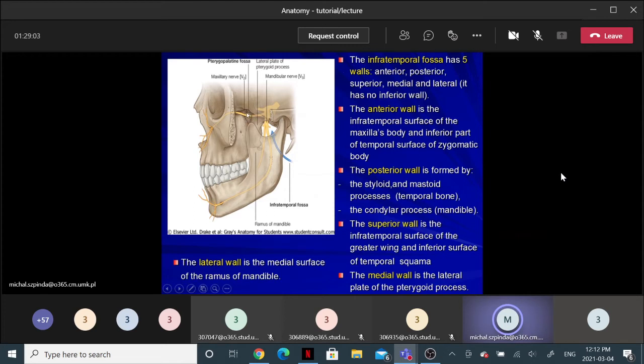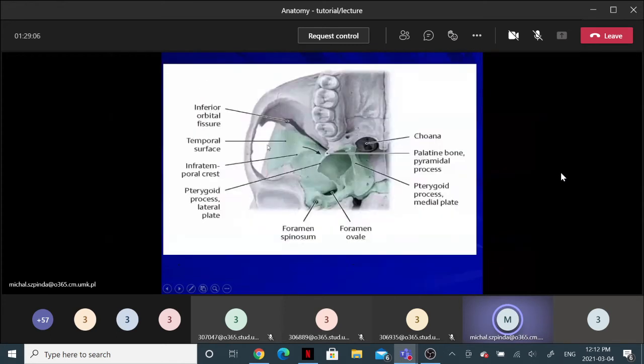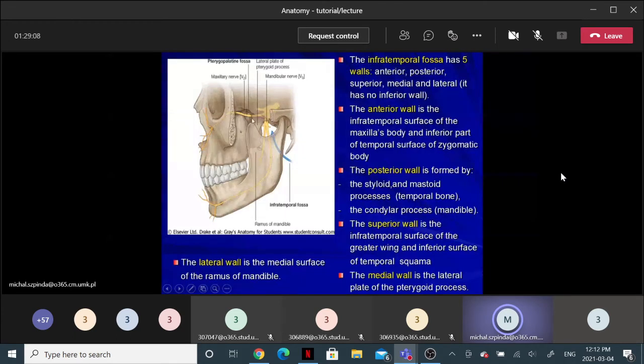And just here, deep to the ramus of mandible, is the infratemporal fossa. The infratemporal fossa looks like a cuboid with no inferior wall. So this means that there is no floor in the infratemporal fossa. So it has just 5 walls.